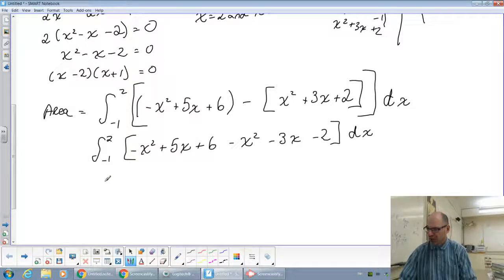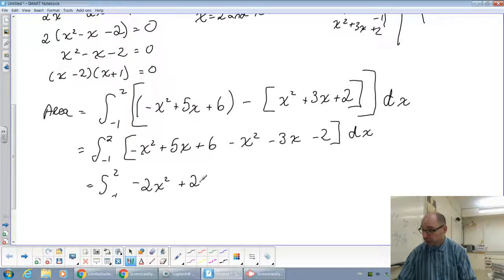Then we can combine the two negative x squared, so that's negative 2x squared. 5x minus 3x is 2x. And 6 minus 2 is 4.